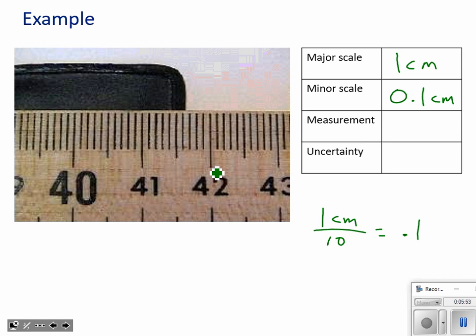Holden, what did I tell you to do to get uncertainty? Divide the minor scale by 2. So what is 0.1 divided by 2? 0.05. So when I write my uncertainty, I use a plus or minus.